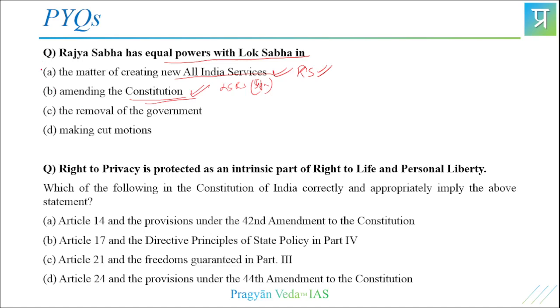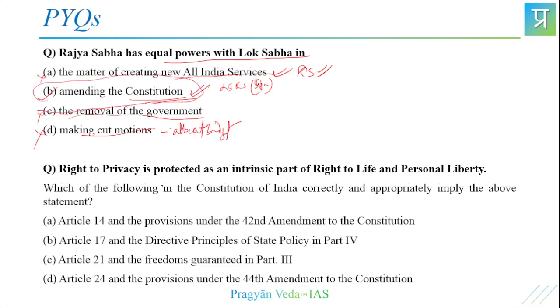This seems correct; this is not correct. And the removal of the government, no. This has to happen in Lok Sabha only, with the confidence motion and all. So this is not correct. Making cut motions regarding the allocation of budgets mostly happens in Lok Sabha only. There is no equal power here. So mostly the answer is B only.